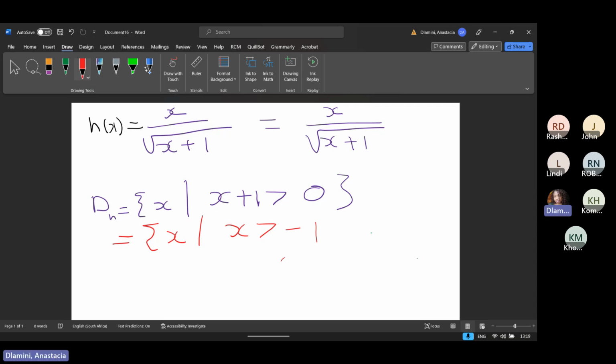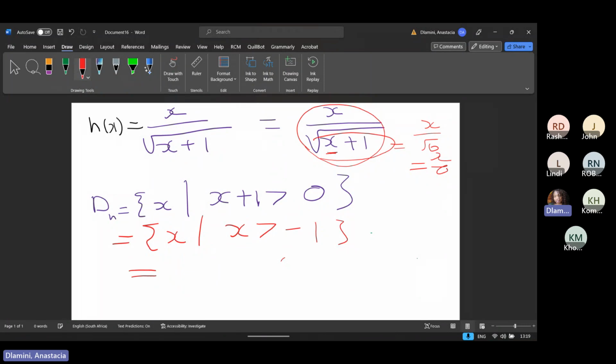X should be greater than -1. Because if your x was equal to -1, you put -1 here, it was going to be x over the square root of 0, which makes it x over 0, which makes it undefined. That's why we focus on the square root and also on where the square root is.